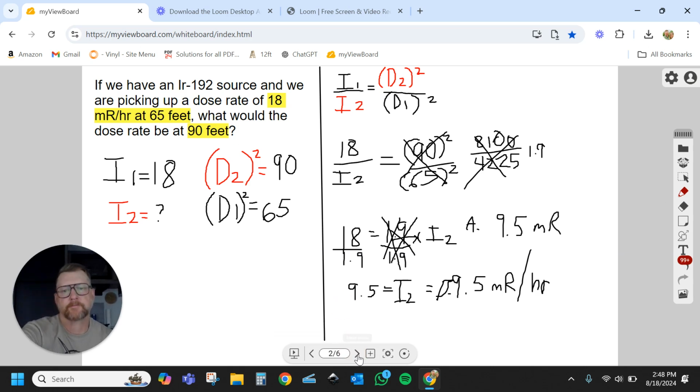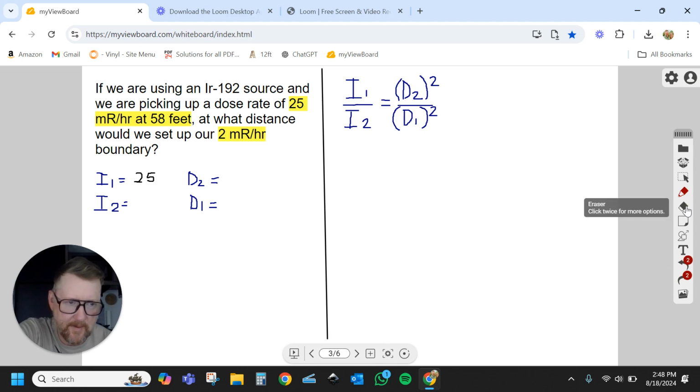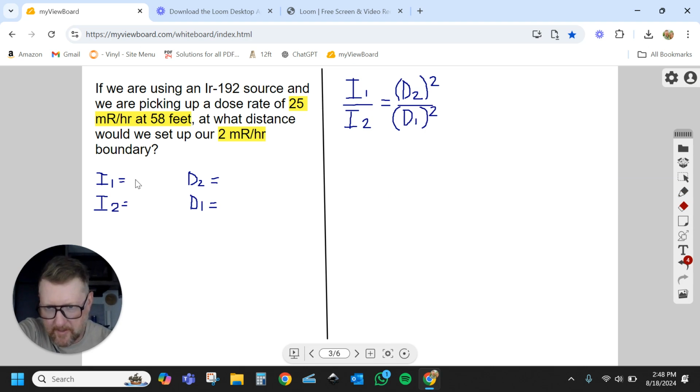There's another one. We're using an iridium source and we're picking up a dose rate of 25 MR per hour at 58 feet. At what distance would we set up our 2 MR boundary? Okay, so the first thing we're going to see here is 25.